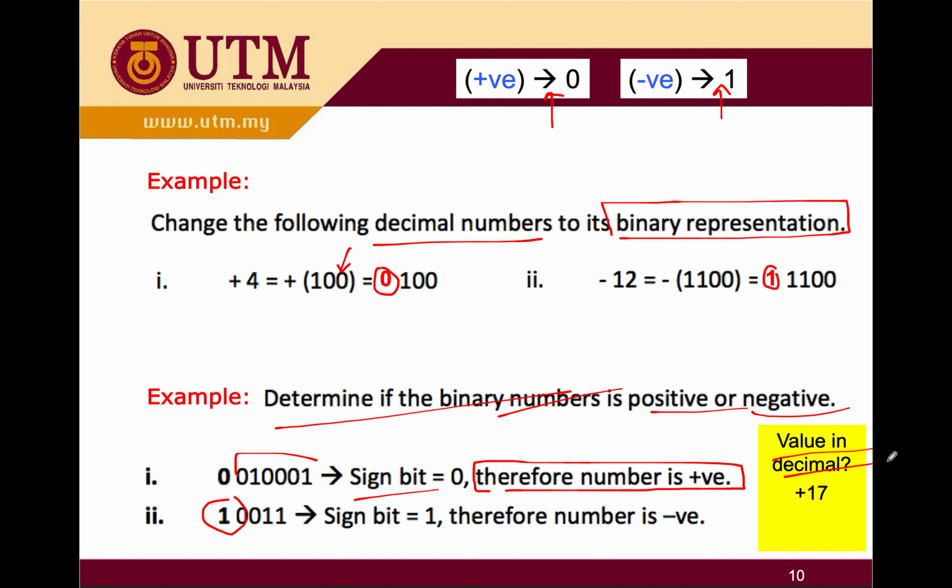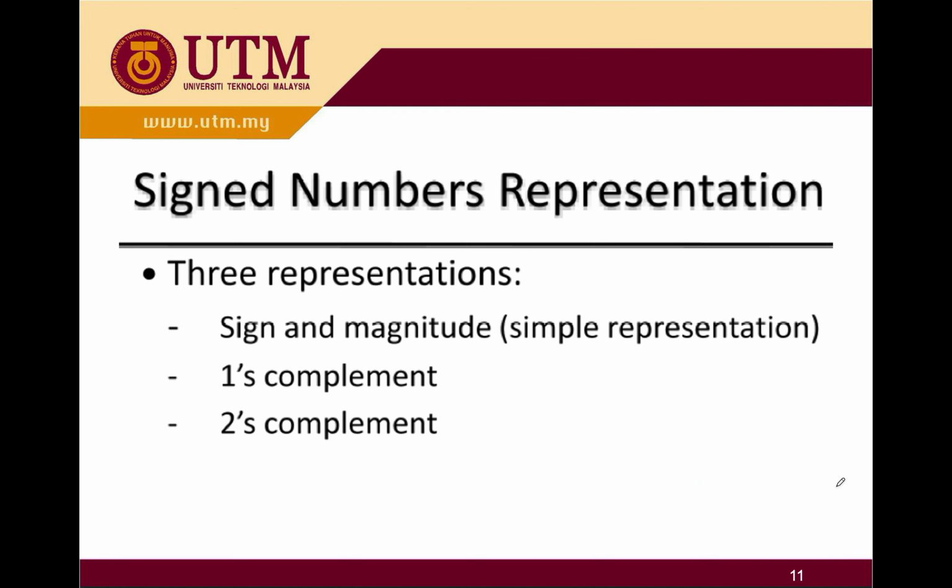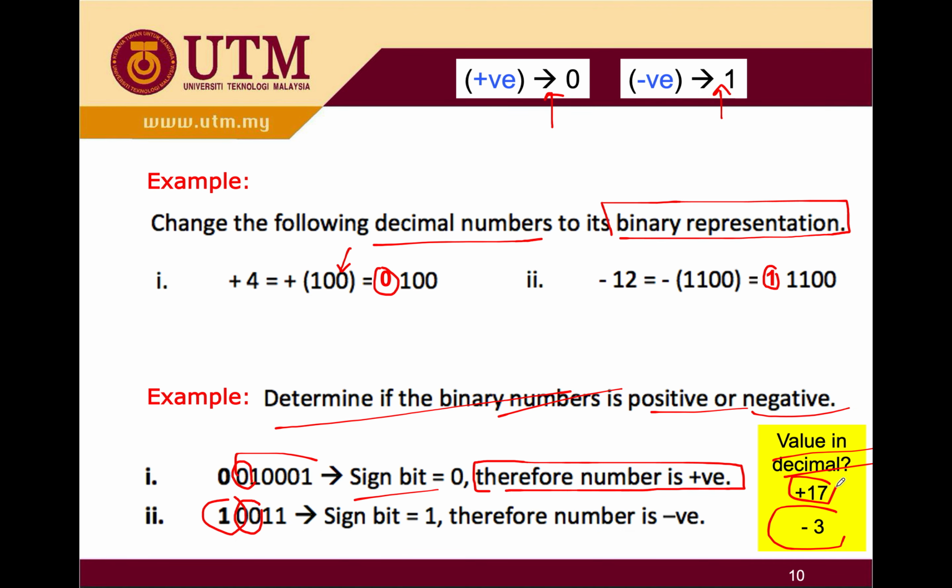I mentioned to you that over here there is a 0, as in the previous example. So this is negative 3, and this is a positive 17. So please try this example.